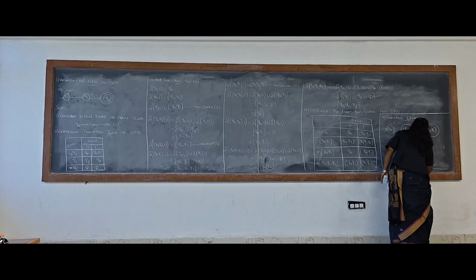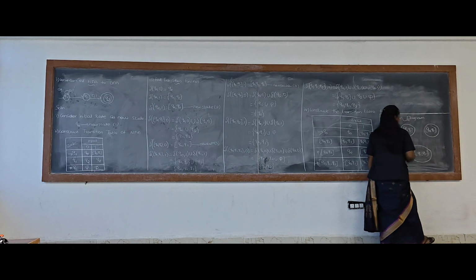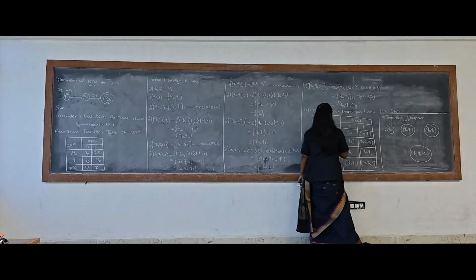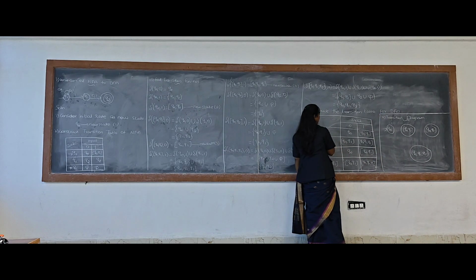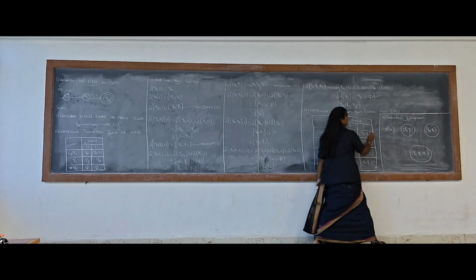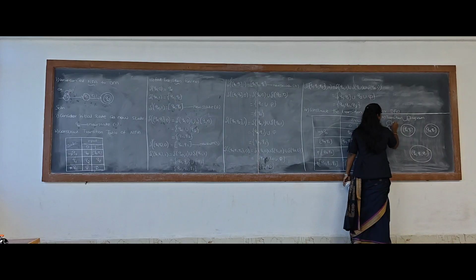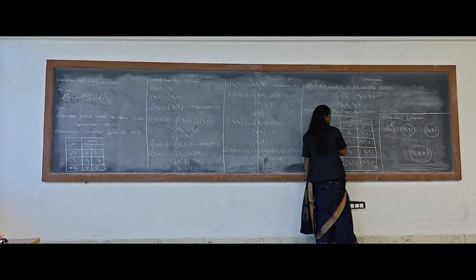So while putting the transitions, we can see Q0 on 0. The Q0 state reading the input symbol 0 will move to Q0. So that is a self loop on 0, right? Next, Q0 reading the input symbol 1 will move to the state Q0 Q1.